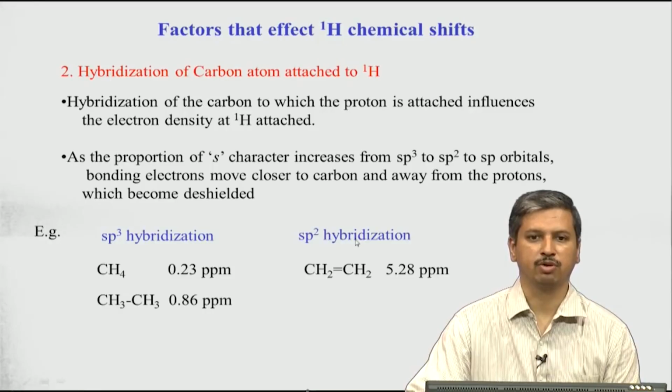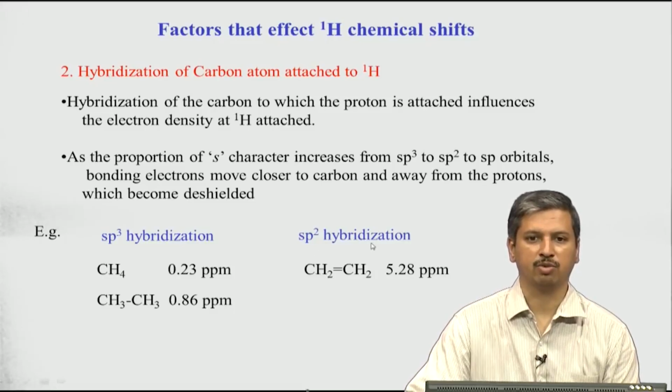But if I go to sp2 hybridization, what happens is, now I have a pi orbital, I have an sp orbital to which the proton is attached, and that has less spherical character. So, you can see that the s character is the least in this case, but here as you go to this sp2 hybridization, the p character increases, and therefore, the electron moves closer towards the carbon and it moves away from the hydrogen.